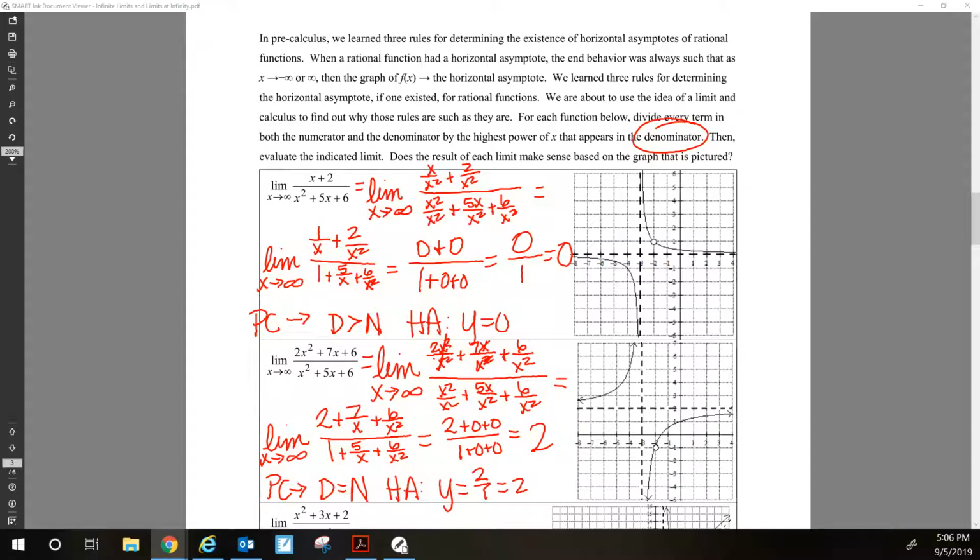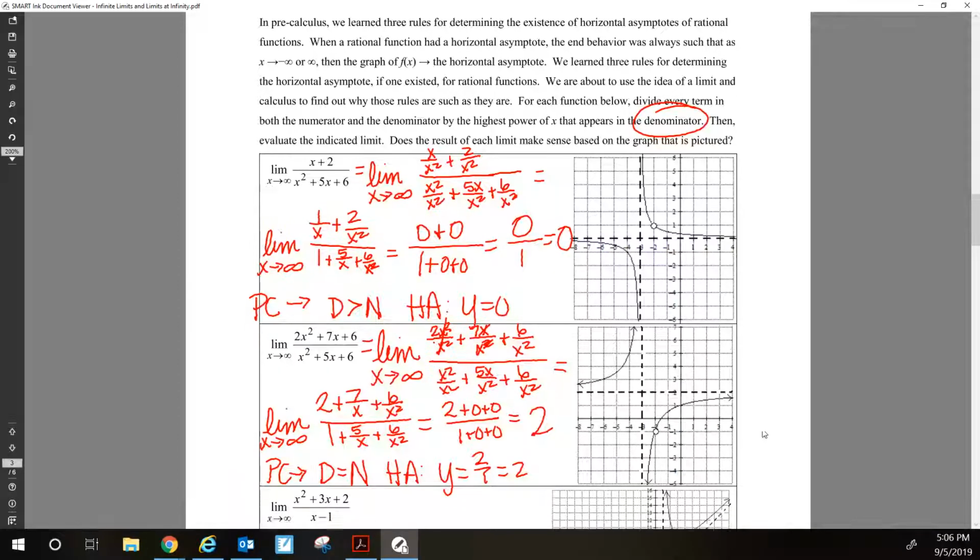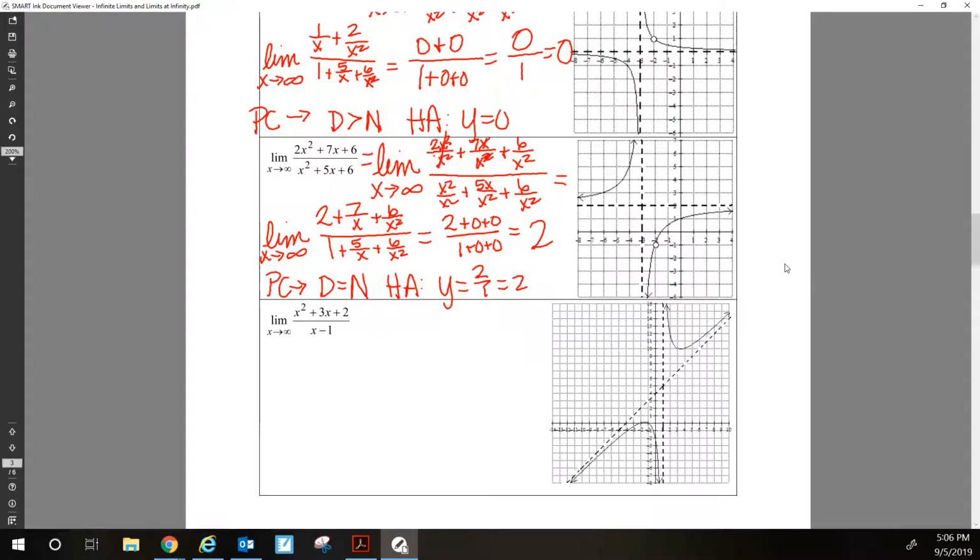As we go to negative infinity, or in this case going to positive infinity, we're getting close to that horizontal asymptote, which we know from pre-calculus is at 2. All right? And what's different about our last case here? From pre-calculus, what did we know? If the degree of the denominator is less than the numerator, what kind of asymptote do we have?